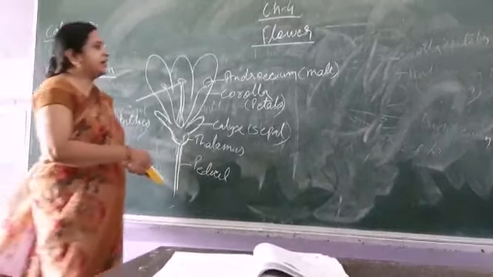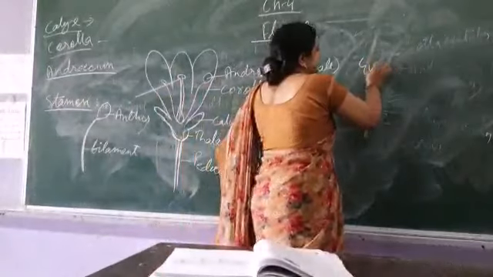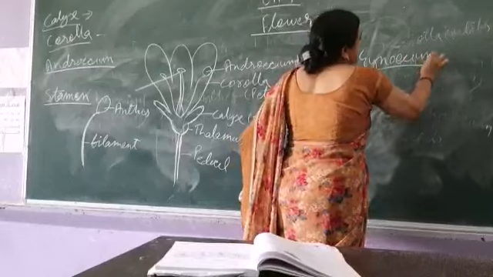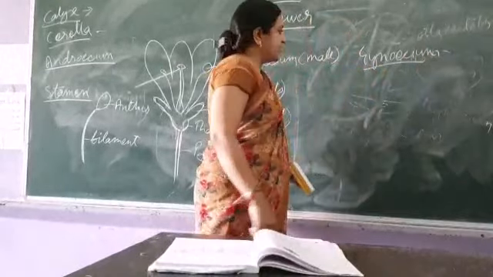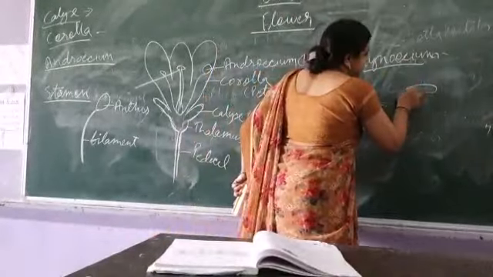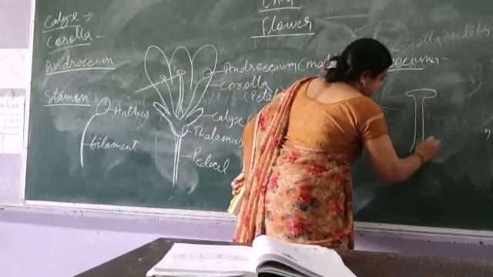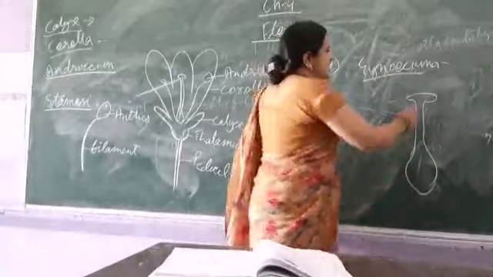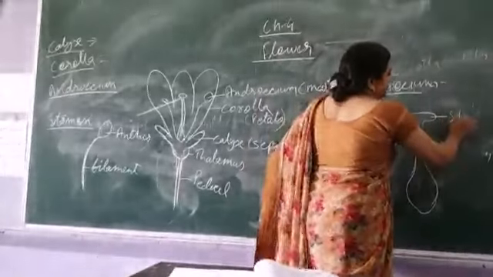Now the second is the gynoecium. Gynoecium is the female reproductive part of the flower and its structure is like this. The upper part of the gynoecium is called stigma.